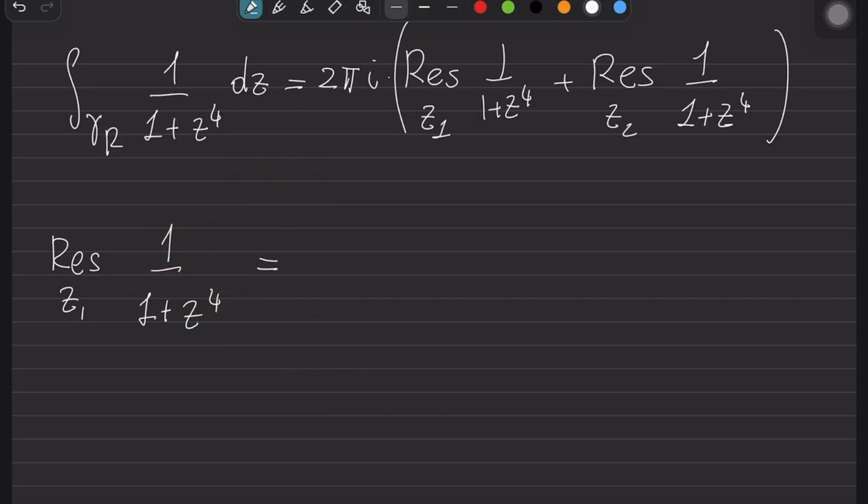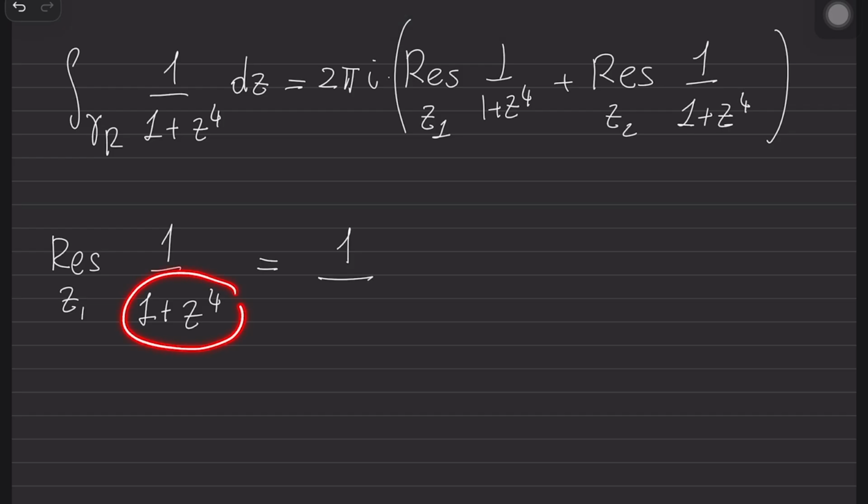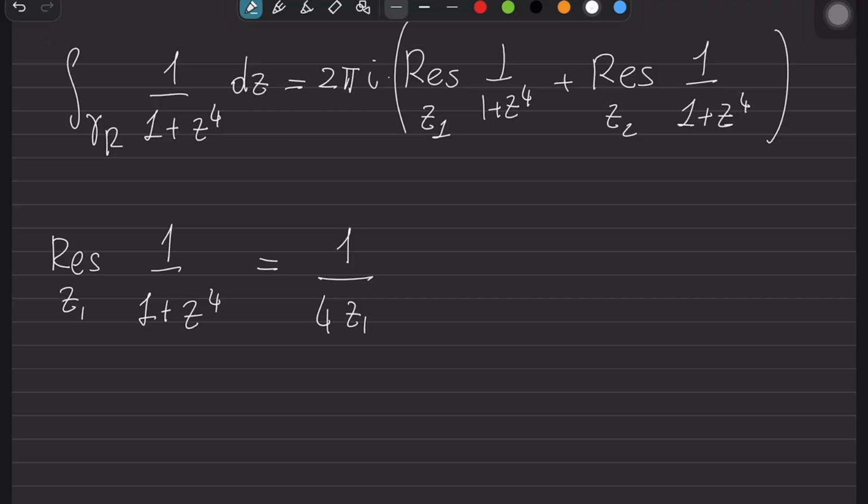This means that it is equal to 1 divided by the derivative of 1 plus z to the power 4 evaluated at z1. So this is just 4 z1 to the power 3, which is equal to 1 over 4 times e to the negative 3/4 pi i.